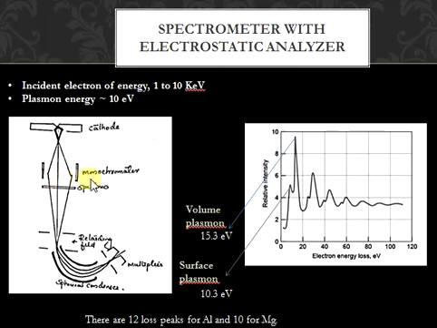The scattered electrons from this metallic specimen will be of high energy. So there is a retarding field here, which is used to control the high energy electron beam scattered from the metallic specimen.